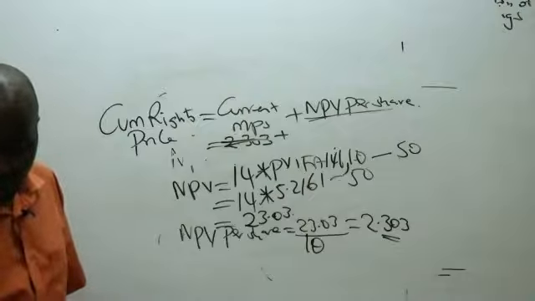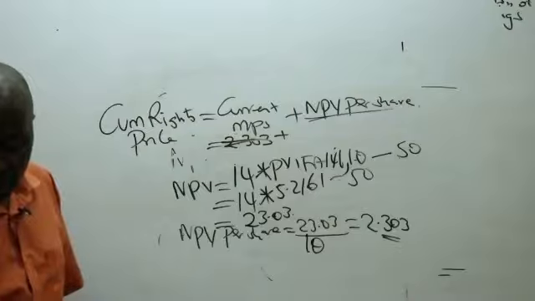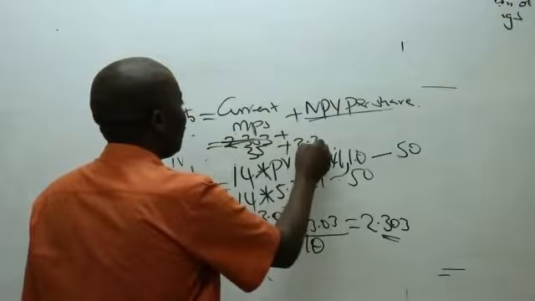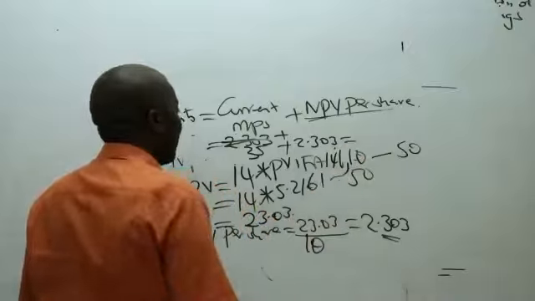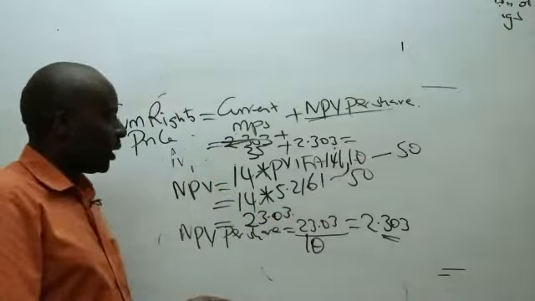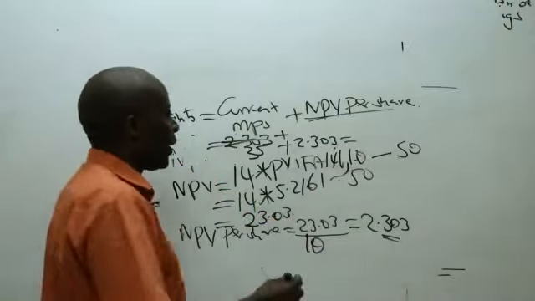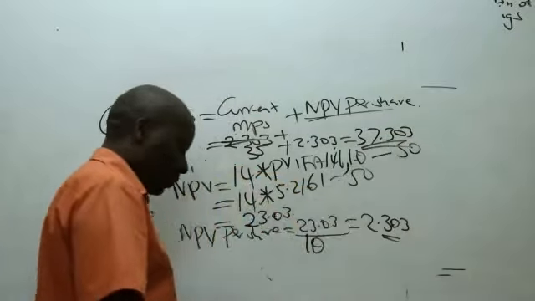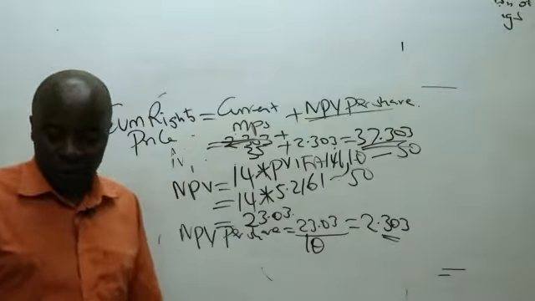There is a place they told us that the market price of the company's ordinary shares before is 35. So we have 35 plus 2.303, which will end up giving us what figure? When you add the two, this will give us 37.303, and then you have your marks.